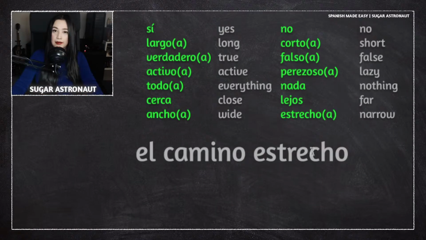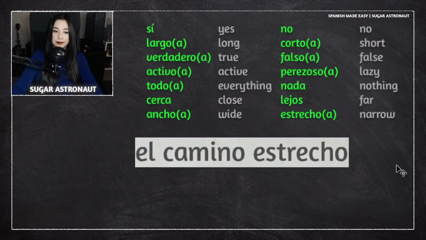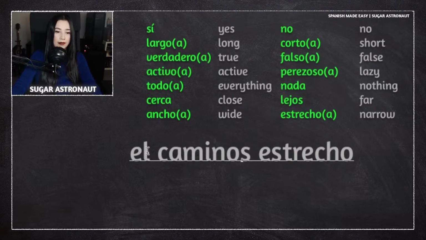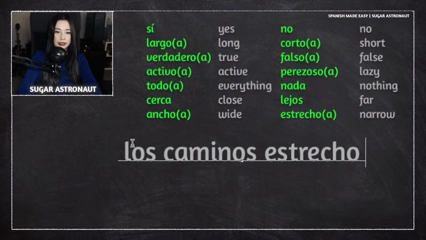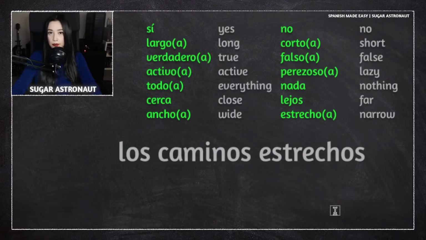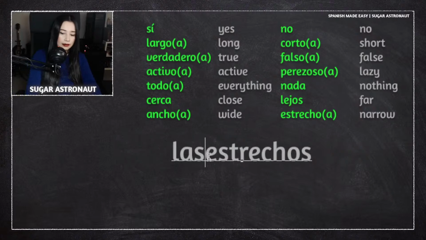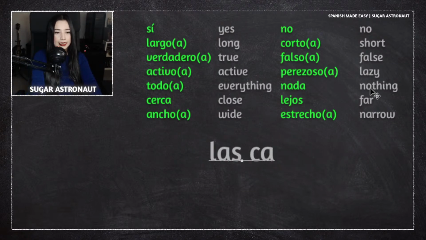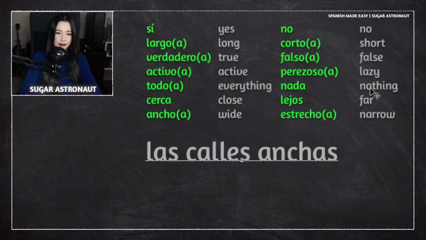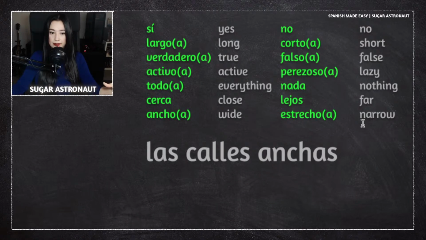It can also be plural. Okay. It can be plural. It can be feminine and masculine. Okay. You can have los caminos estrechos, the narrow roads. Okay. Or you can have las calles anchas, right? So that is the wide streets. Okay. So yeah, that's pretty cool.